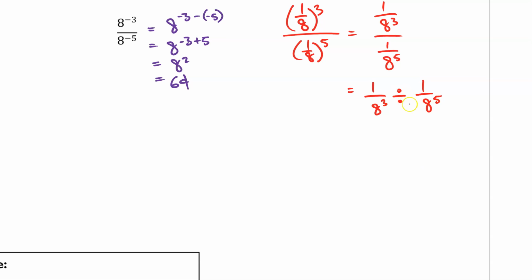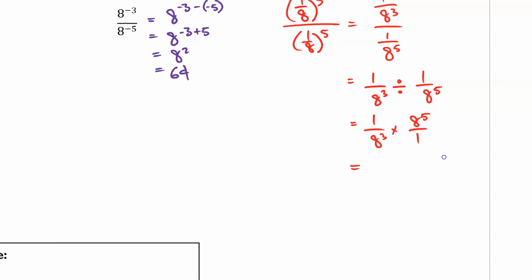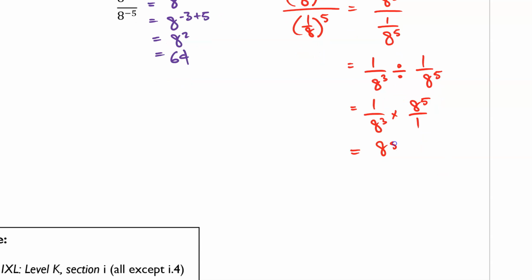Tracking? Remember, when you're dividing fractions, what you're supposed to do is take the dividing and turn it to multiplying. Then you take the second fraction and flip it upside down. This gives us 1 over 8 cubed times 8 to the 5 over 1. And what's this give you? Well, it gives you 8 to the 5 over 8 to the 3, and you can subtract the exponents. 5 subtract 3 gives me 8 to the exponent 2, which is 64.